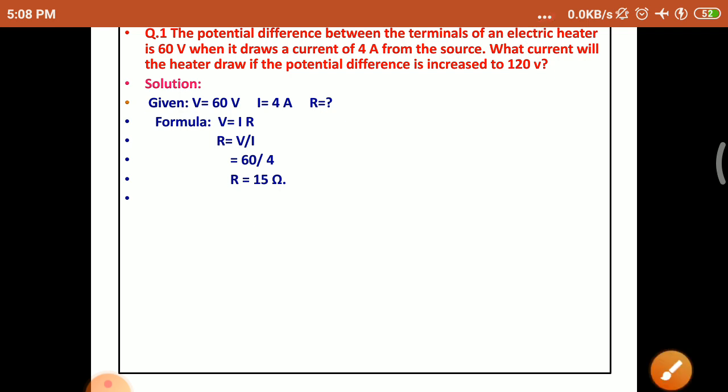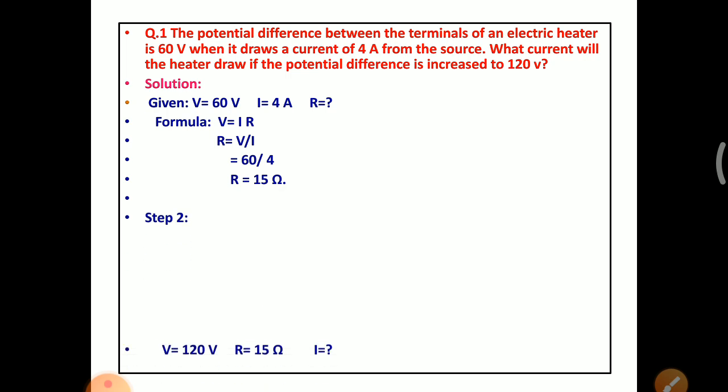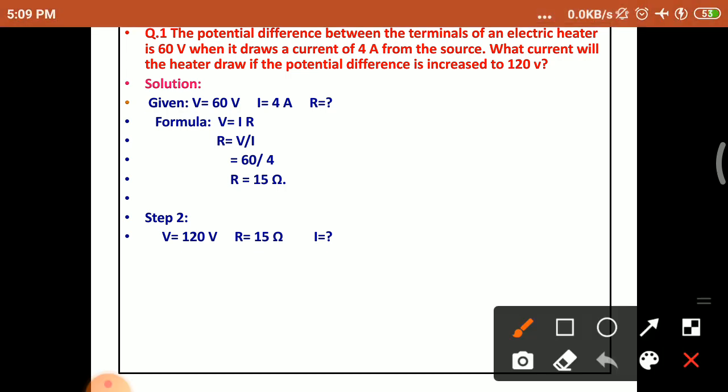Now we have to calculate what current the heater will draw if the potential difference is increased to 120 volt. Step 2, V equal to 120 volt, because we are increasing the voltage from 60 volt to 120 volt, and R equal to 15 ohm. Why am I taking R equal to 15 ohm? Because here also it is the same electric heater.